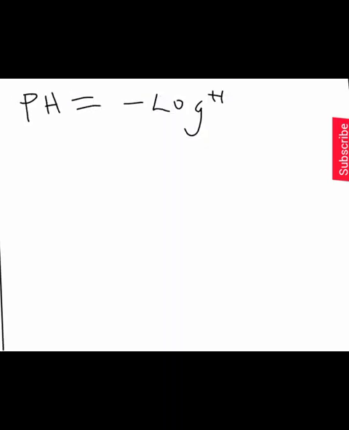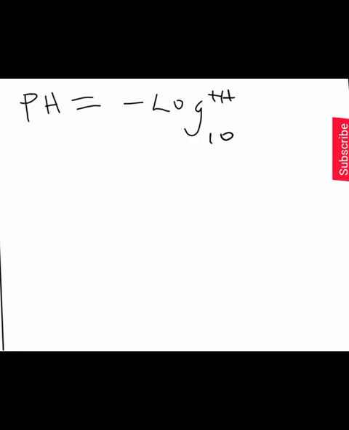What is the formula for calculating pH of a substance? The formula for calculating pH of a substance is pH equals the negative logarithm of the molar concentration of hydrogen ion to the base 10.